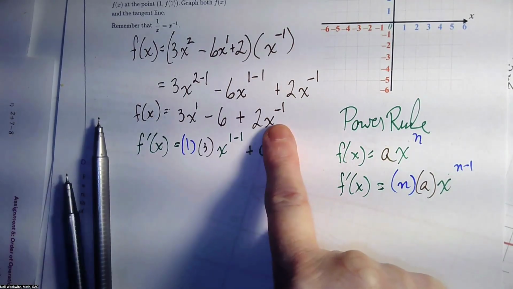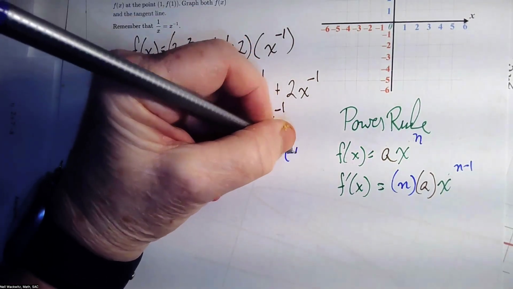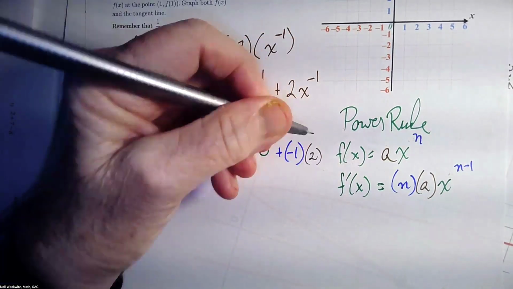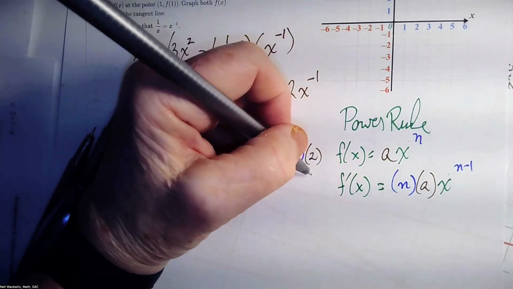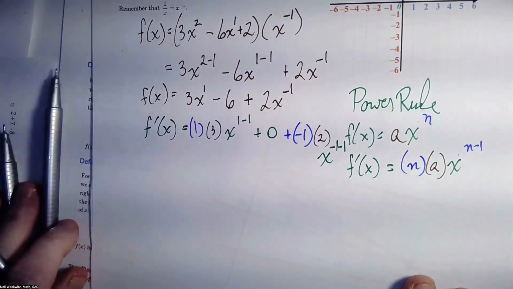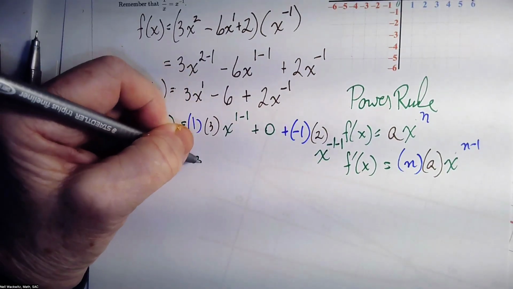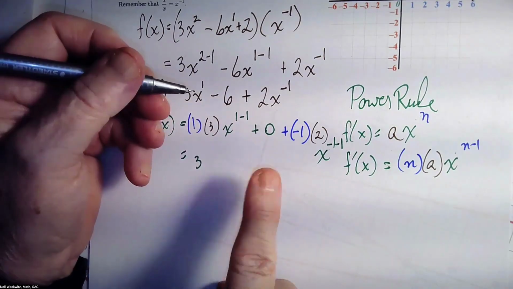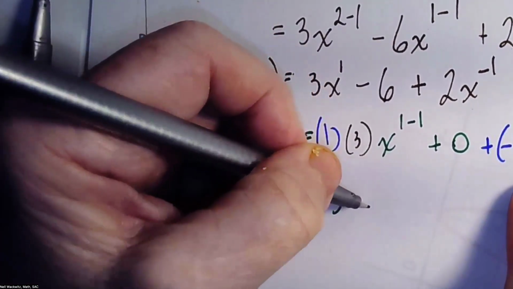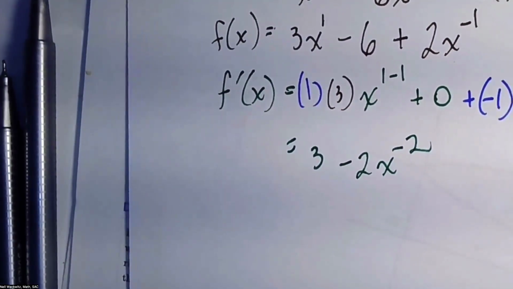The next term has an exponent of negative 1, a coefficient of 2, and then we're going to reduce the exponent of x by 1. So we get 3 x to the 0 is just 1 minus 2x to the negative 2.